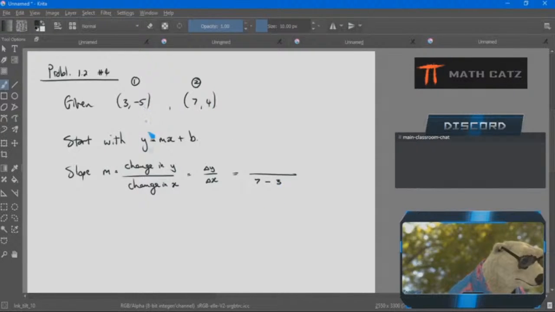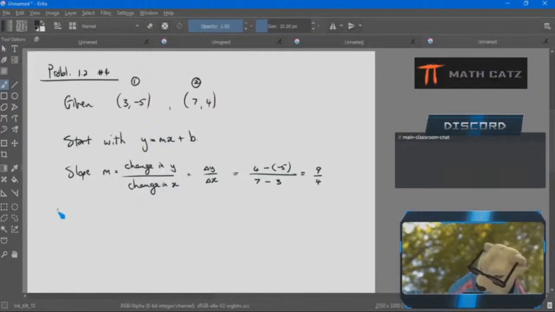Y is the second coordinate, change in y, end minus start. This is going to be a fraction again, isn't it? Man, they just love their fractions. So I get 9 over 4. So a change of 9 units vertically corresponds to a change of 4 units horizontally.